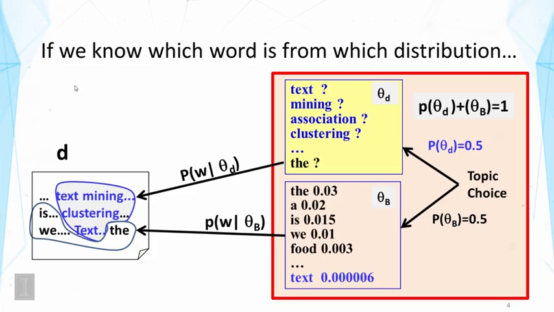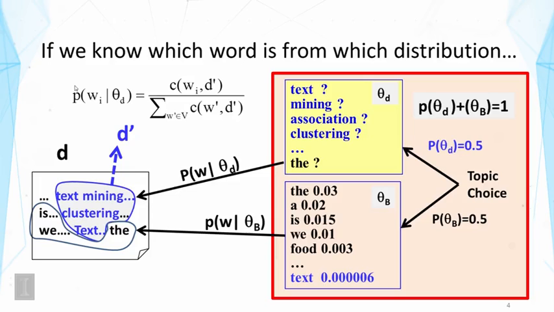If we already know how to separate these words, then the problem of estimating the word distribution would be extremely simple, right? If you think about this for a moment, you'll realize that, well, we can simply take all these words that are known to be from this word distribution theta sub d and normalize them. So indeed, this problem would be very easy to solve if we had known which words are from which distribution precisely. And this is in fact making this model no longer a mixture model, because we can already observe which distribution it has been used to generate which part of the data.